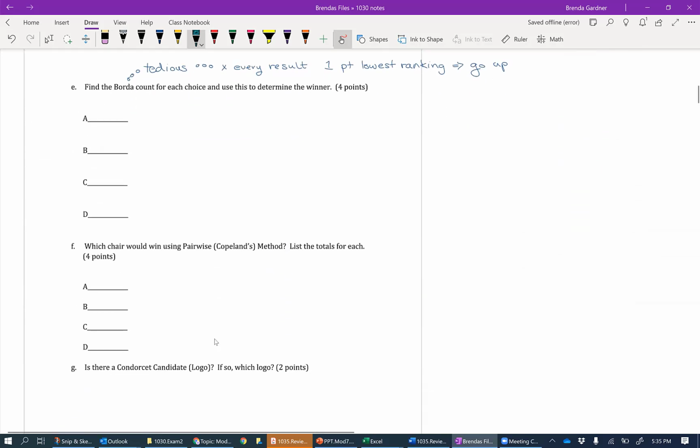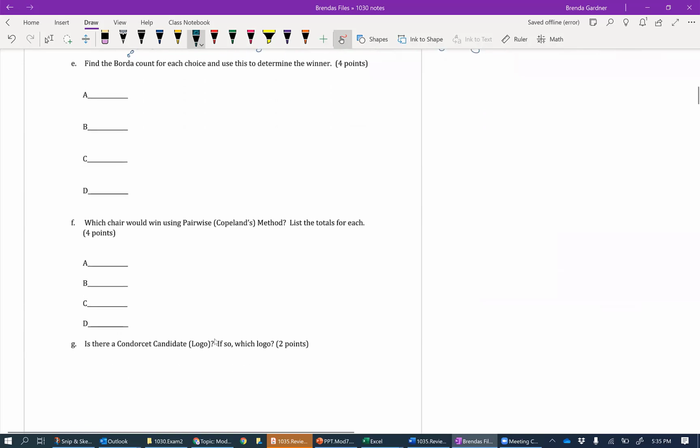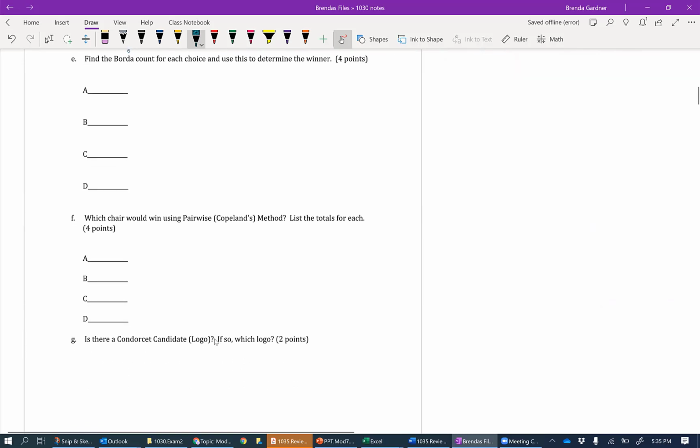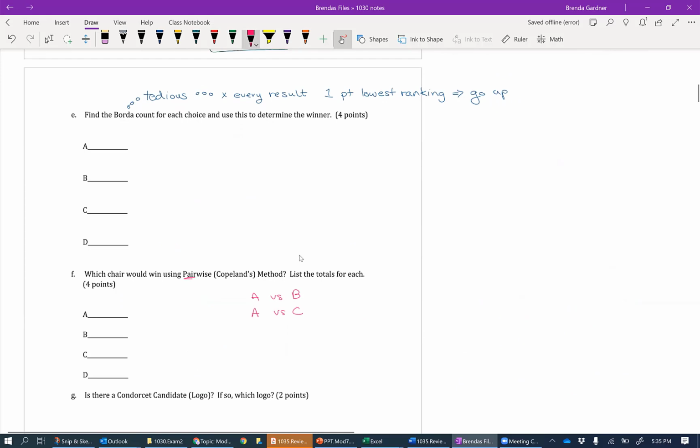Yeah, and then the pairwise or Copeland's method, you can see it written both ways. I believe your book generally refers to it as Copeland's method. That's where you pair them off, and you go A versus B, A versus C, etc. In this case, we've got A, B, C, and D. So A versus D, B versus C, B versus D, and then C versus D, right?